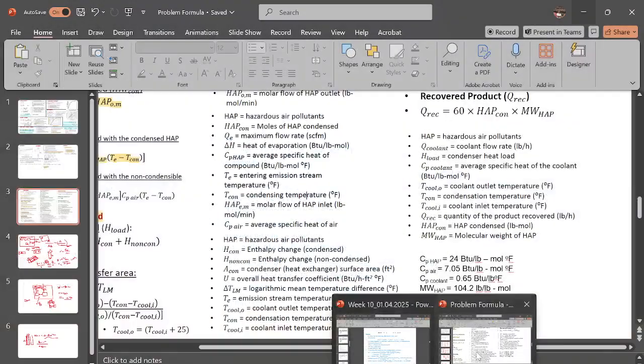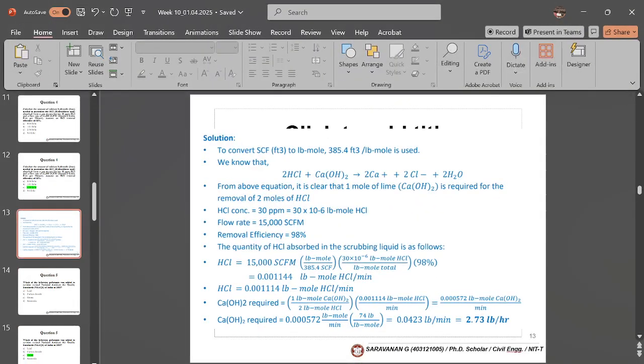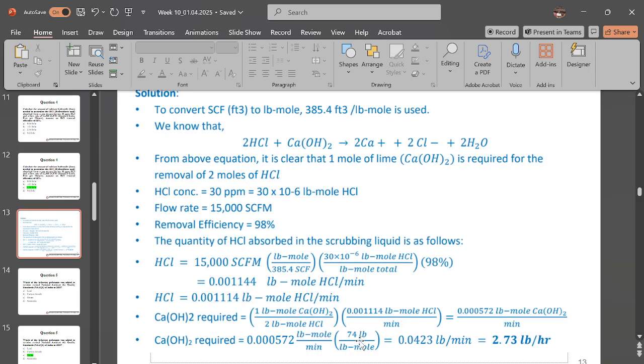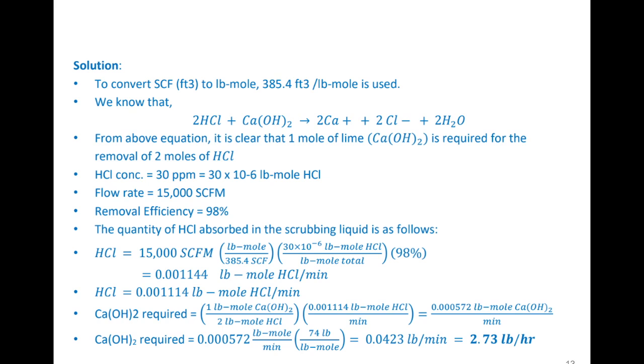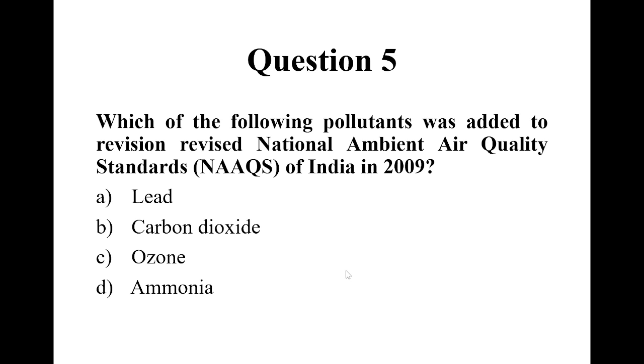Is that the answer? Okay, 74 directly it's coming here. 74 lb per lb mole. Okay, pound mole. So 0.000572 is my moles into 1 mole will be 74 grams. Then if you multiply, you will get 0.0423 lb per minute. That will be 2.73 lb per hour.